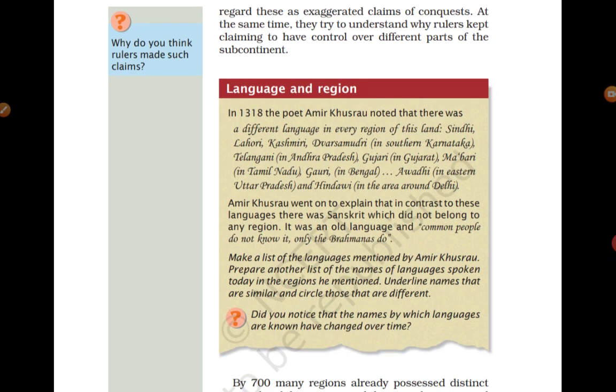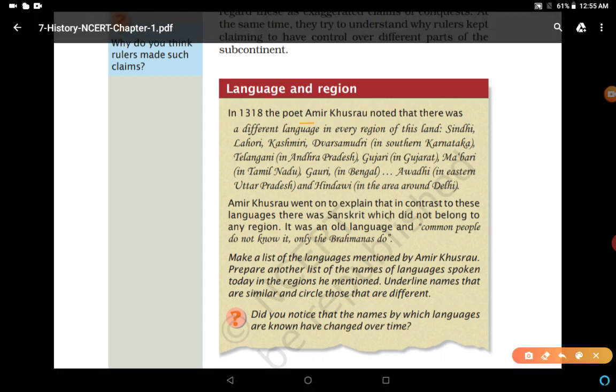Language and region. In 1318, the poet Amir Khusro noted that there was a different language in every region of this land. Sindhi, Lahori, Kashmiri, Dvarsamudri, Telangani, Gujari, Mabari, Gauri, Awadhi, and Hindvi. These kinds of languages were there.